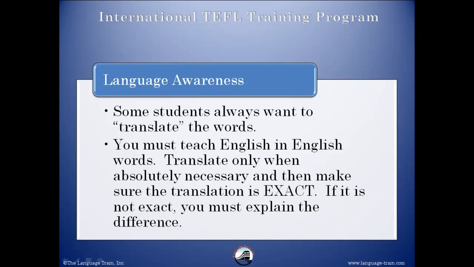But when you get to the intermediate to advanced levels, translation needs to stop because they know enough English to be able to define words, not translate them. Translations never really give us exact meanings. Sometimes they do, but not always. Definitions in the native language or in the language that you're using are obviously much better, as long as the definition is understood.